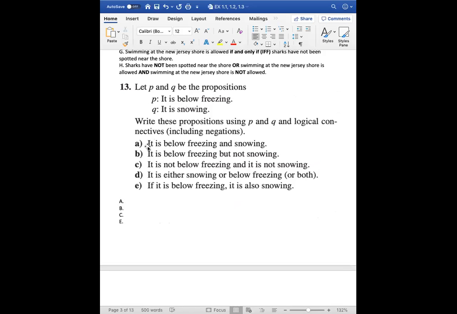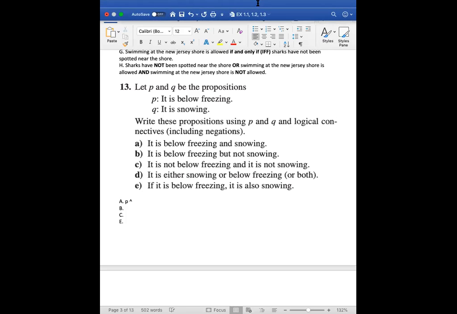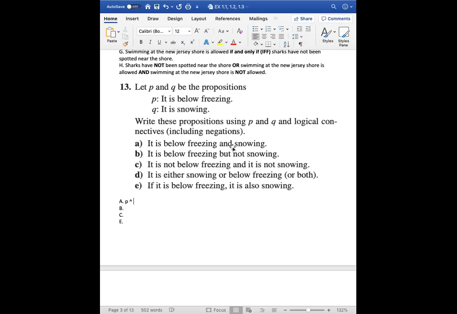The first one is "it is below freezing and snowing". It is below freezing is represented by the variable P. We take the variable P and put the "and" sign here, and then we have the variable Q, which represents it is snowing. So P and Q represents this English statement.